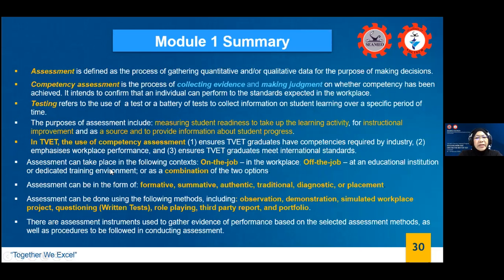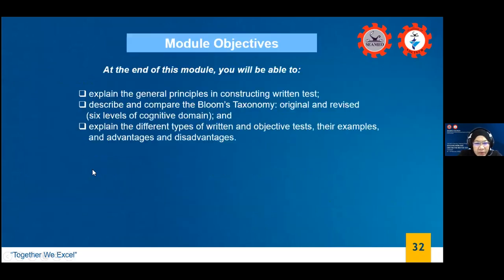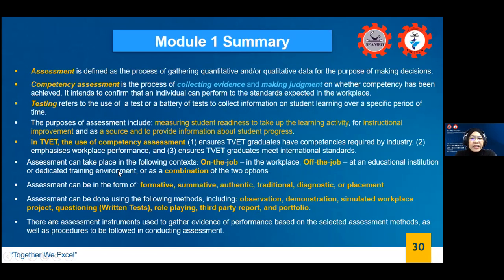What are the context, venue or setting of training or assessment? Rather, on the job, and a combination of both. And assessment comes in the form of formative, summative, authentic, traditional, and diagnostic or placement. As teachers, we can use formative, summative, authentic, and traditional.